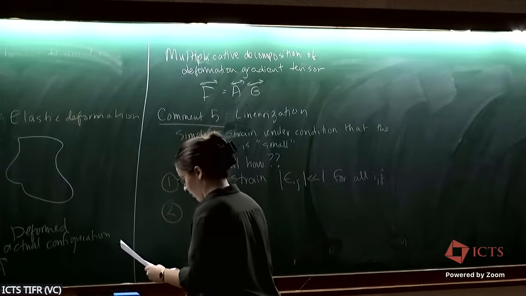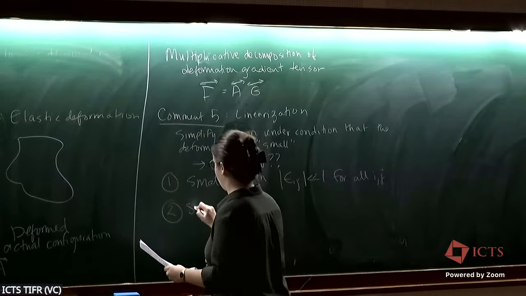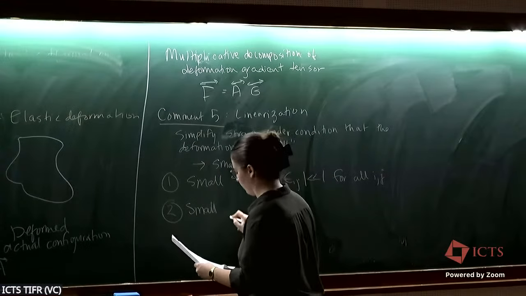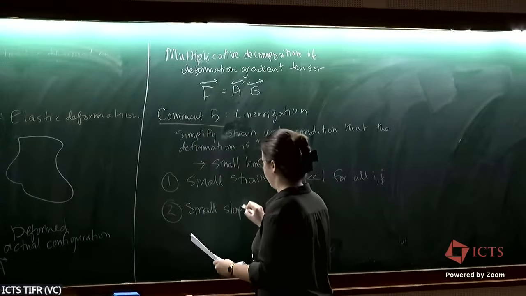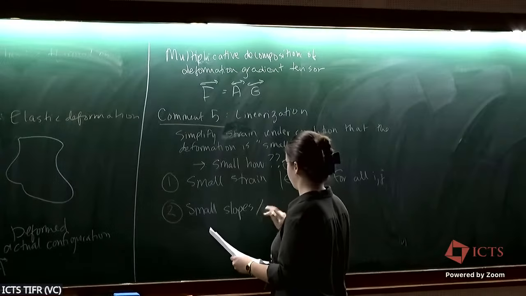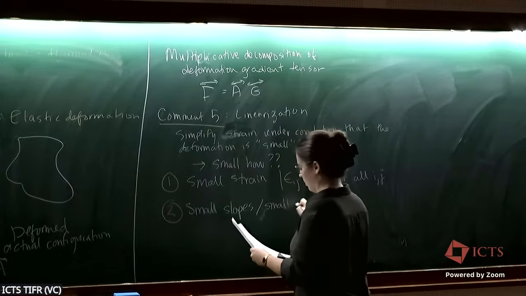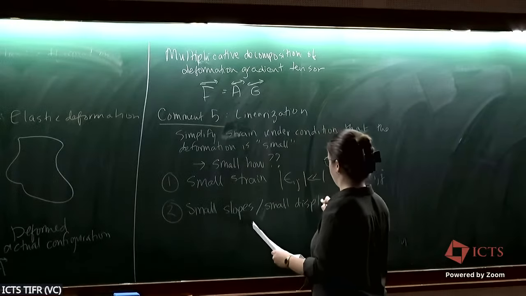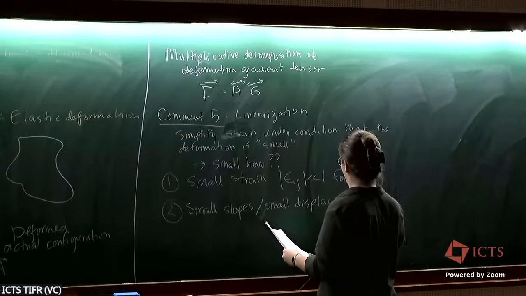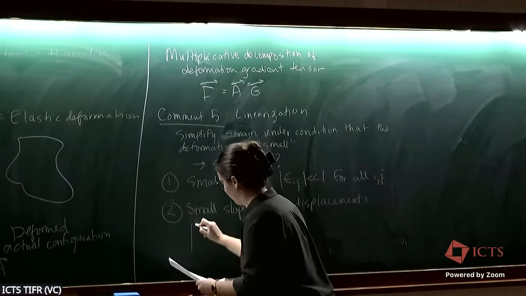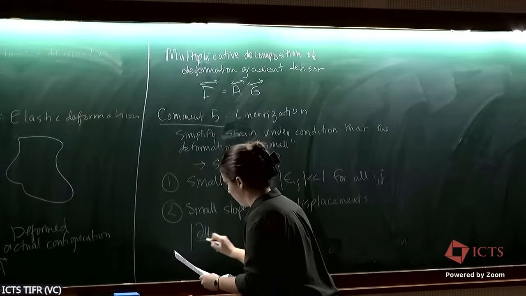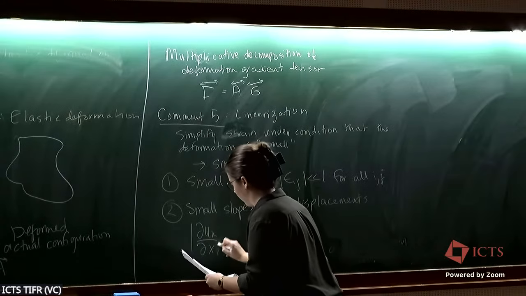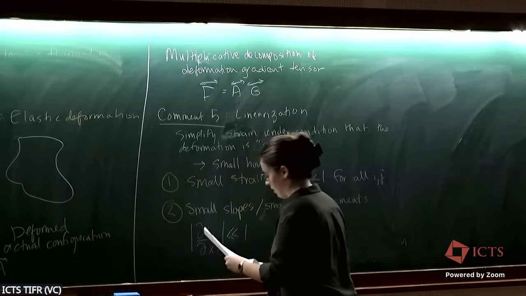We could also assume something slightly different, which is that there are small slopes, small displacement gradients, which mathematically means that the magnitude of du_k/dx_i is much, much less than 1.